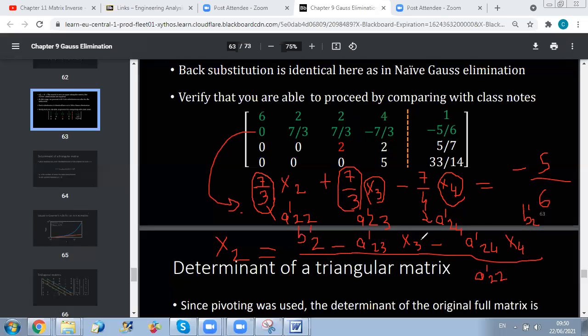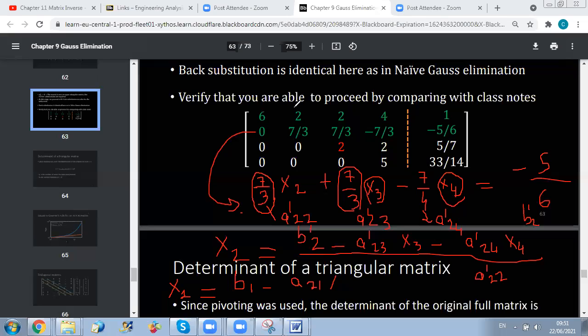And finally, you can develop the same general relation for x1. So x1 is equal to b1 minus, sorry, it's a1 because of this term.